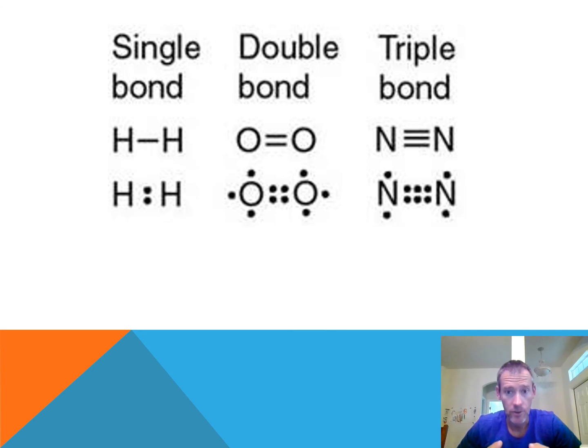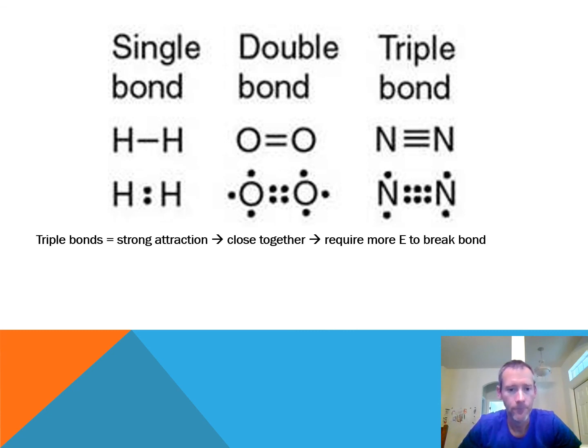So, showing double and triple bonds, here's a structural formula. Each line represents a pair. So you can see the single bond has 1 line, double bonds have 2 lines, triple bonds have 3 lines. Triple bonds are the strongest ones, they're closer together, and they require more energy to break.